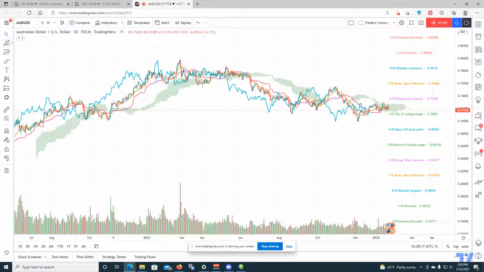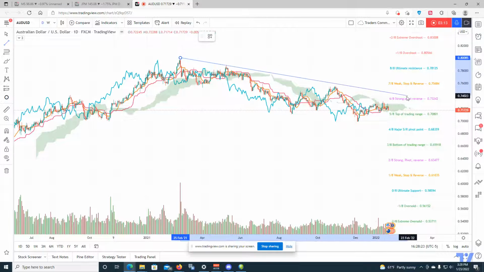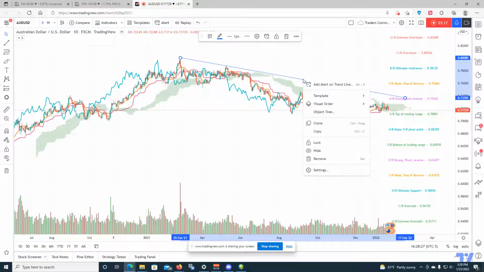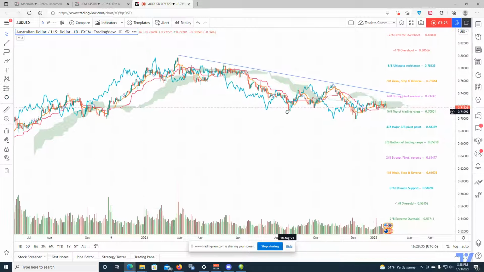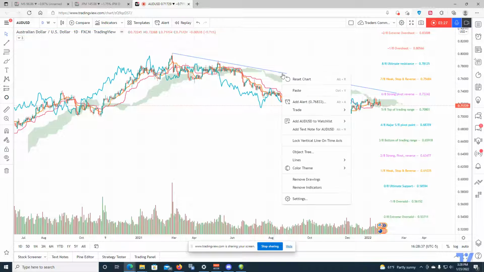If we were to do a few lines here, we have our uptrend. Very perfect, isn't it? And if we're to make a copy of that, or let's hang on one sec here.